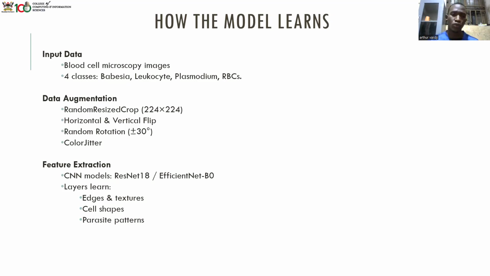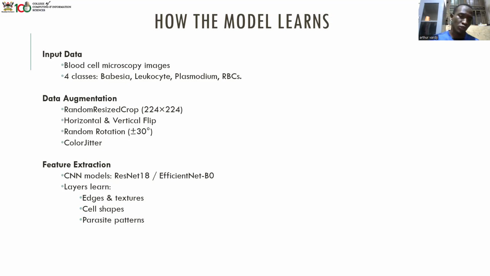Remember, these are microscopic images. They can be taken in different versions, either in black and white format or the colored version. So our model has to be trained in all color variations so that it can determine the image no matter what color has been used.